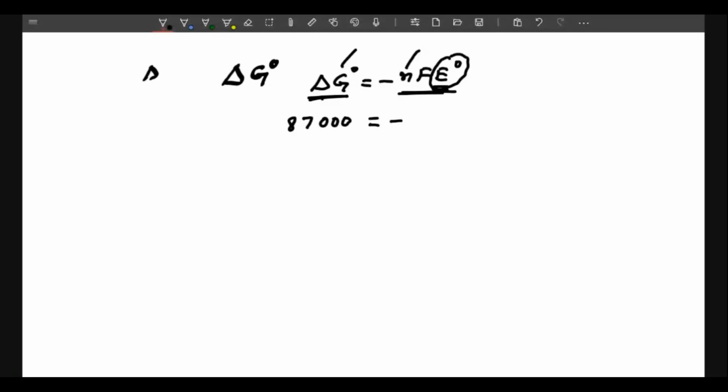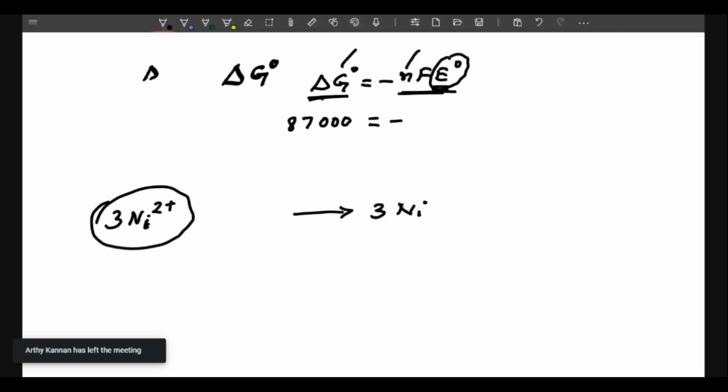I have told you, you can make use of either the oxidation or the reduction. Here it is given Ni3 plus 2, nickel 2 plus on the reactant side, and on the product side it is given as 3 Ni. What is the total oxidation number here? It is plus 6.